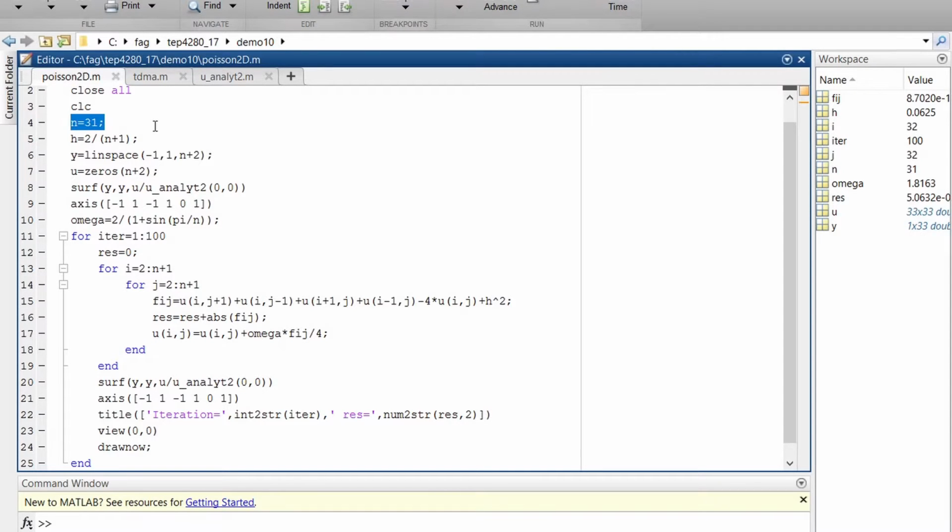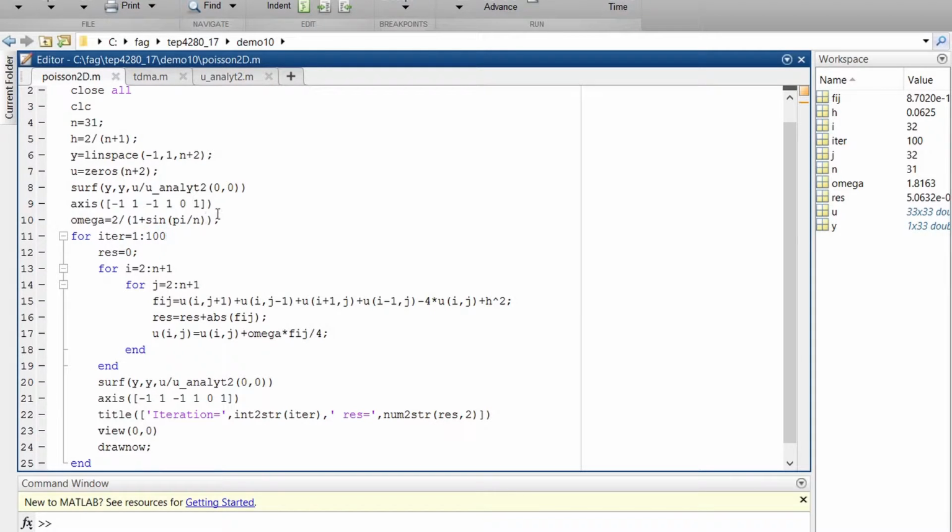So at least double this number here. In 1D it would be the same. If I had 31 unknowns, I should have 60 iterations at least. So this number definitely 2 times the number of unknowns in one direction. 100, okay, then I have 3 times.